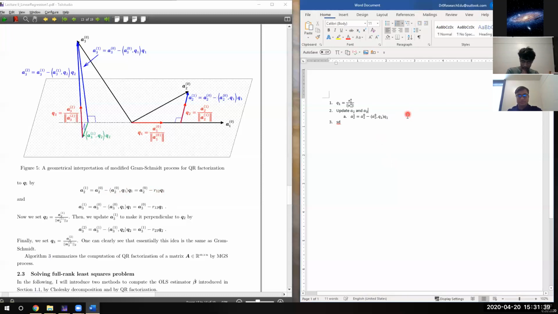And similarly, we're going to update A3. I can copy and paste. A3 1 equals A3 0, do all this to A3 0. Now I have already had this one, and then step number 3 is to set the Q. So I simply have this.